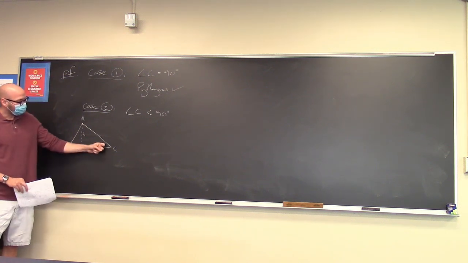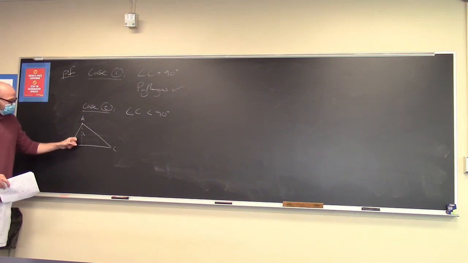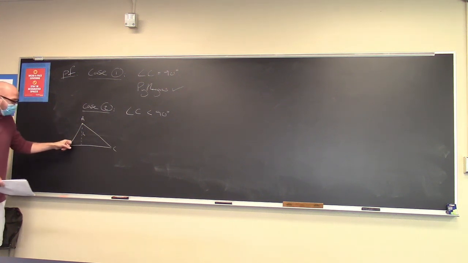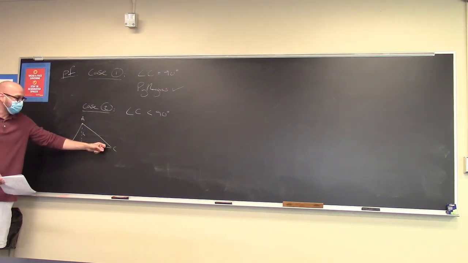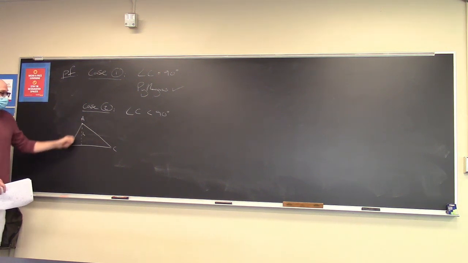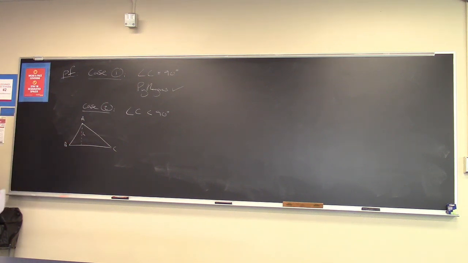So it is possible, if this is an acute angle, that A or B, I haven't drawn it like this in this picture, but it's possible that one of them is bigger than 90 degrees, right? That's possible. It could be like 90 degrees and 5 degrees and 85 degrees or something. But what's not possible is that both of these angles are bigger than 90 degrees, because angle sums of triangles are 180.